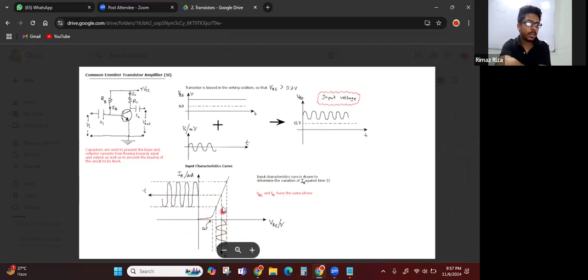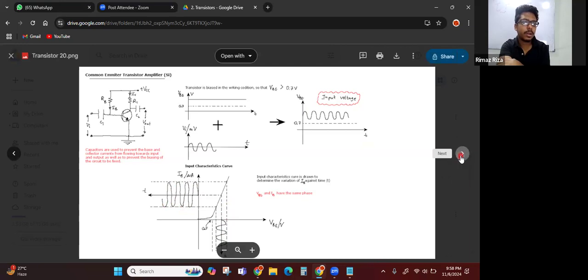So here this is how IB varies with VBE. Okay. So this is the variation of input voltage. So with the VBE value, the variation of IB, base current.